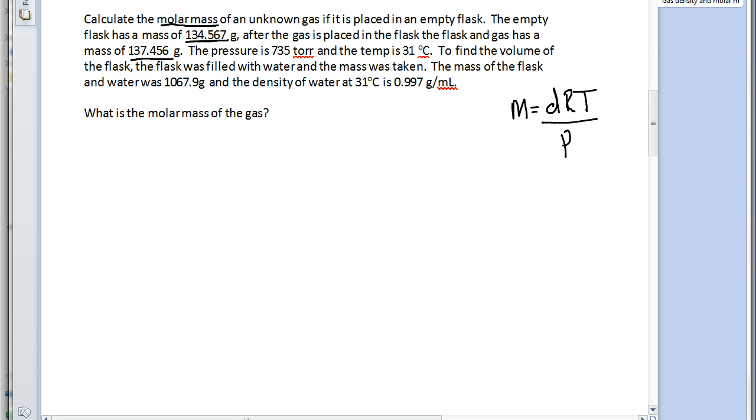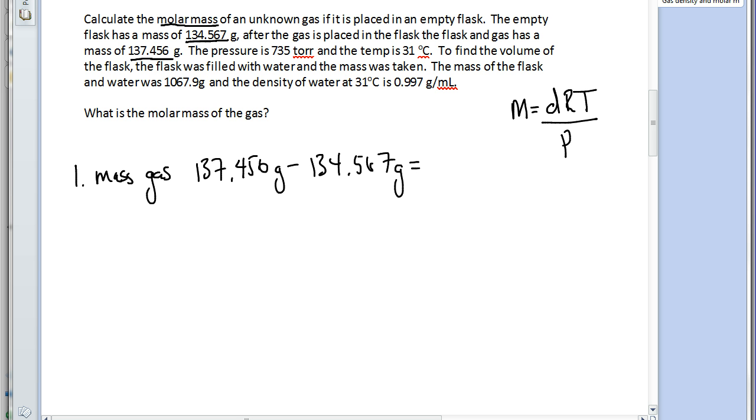Right off the bat, we should be able to calculate the mass of the gas, and that's just 137.456 grams minus 134.567 grams, which gives us 2.889 grams of gas.